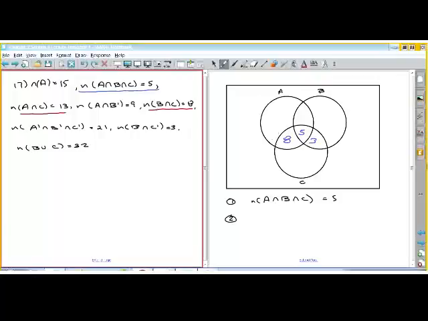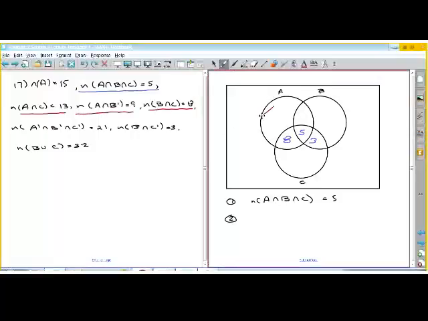So let me do that again. If I take this one, this is what I'm going to do next. If I take set A, and I subtract the parts that are in set B, I end up with that.